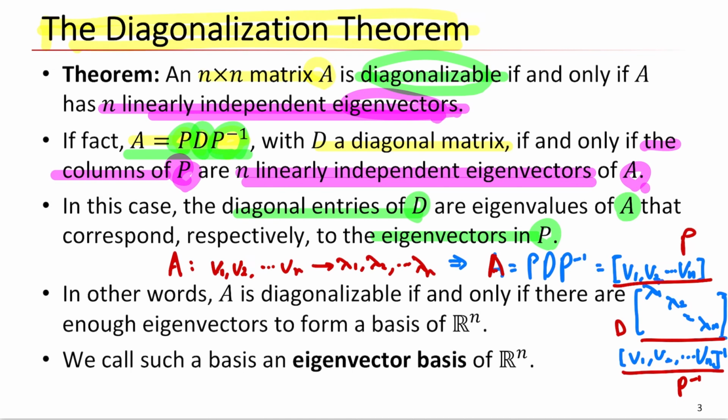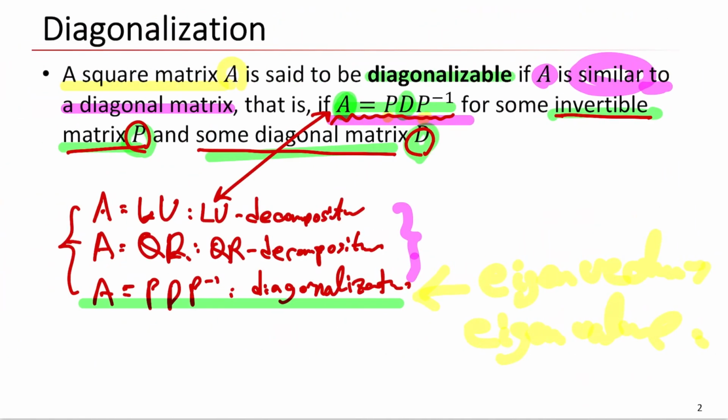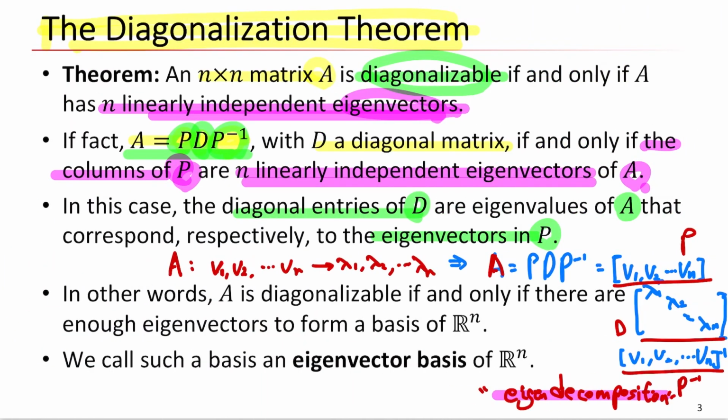So this is the diagonalization theorem, or this is called the eigen decomposition. I want to call this eigenvalue decomposition, eigen decomposition, to compare with LU decomposition and QR decomposition, right? So this is the eigen decomposition.